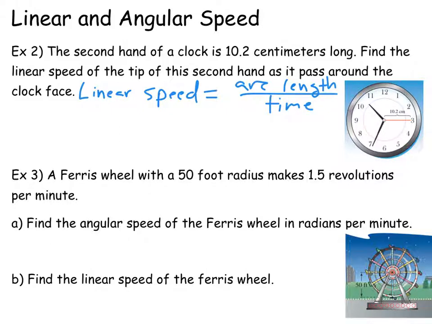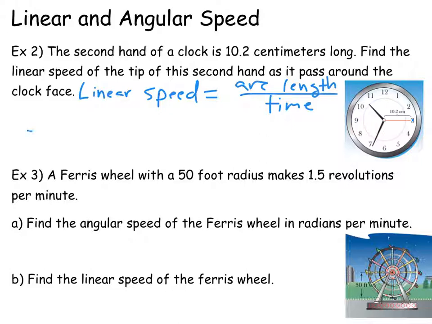Now what I'm talking about here is if I'm on the very tip of this second hand on the clock, which we know is 10.2 centimeters, how fast does that point have to be moving around the circle?